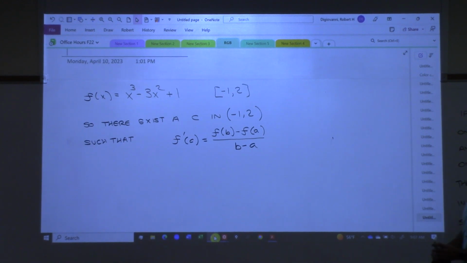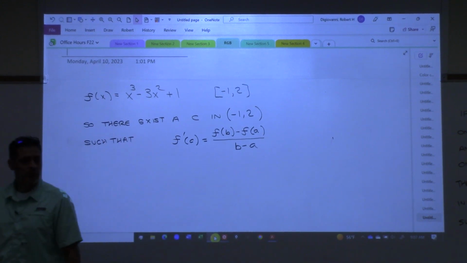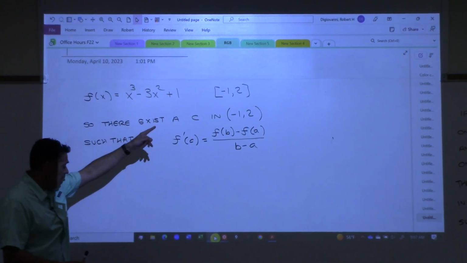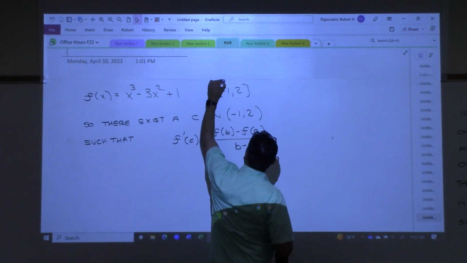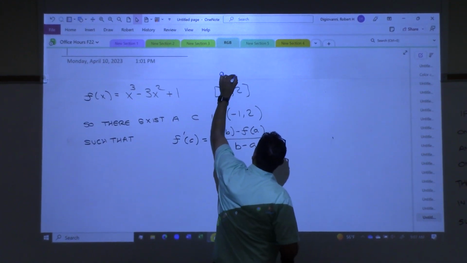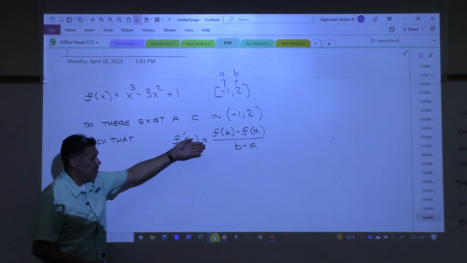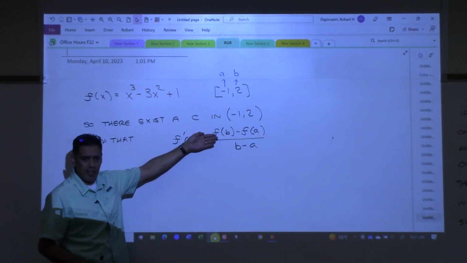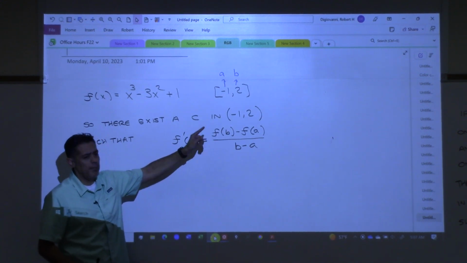Now for us in this problem, what's a and what's b? A is what? Yeah, it's the interval, right? So the a is what for us? A is -1 and b is 2. So what I'm going to do now is write this equation again on the next line, but I'm going to replace my b with 2 and my a with -1.